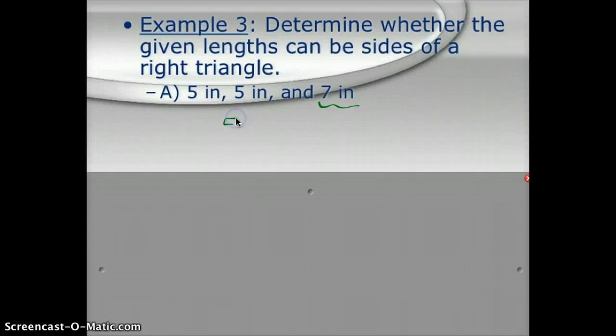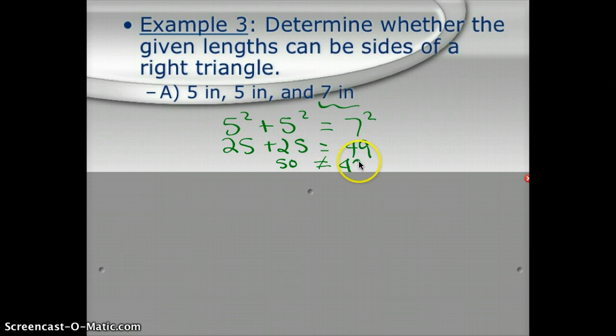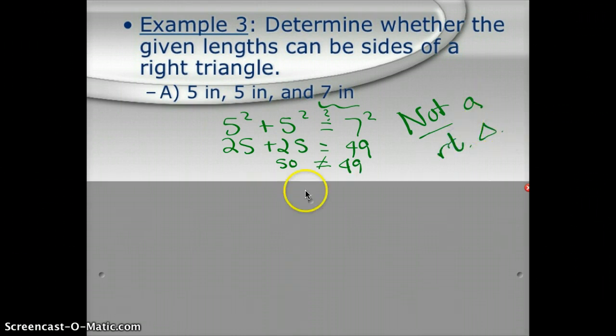So I am just going to check if 5 squared plus 5 squared really does equal 7 squared. 5 squared plus 5 squared is 25 plus 25. 7 squared is 49, and 25 plus 25 is 50, which does not equal 49. So because a squared plus b squared does not equal c squared, we can say this is not a right triangle.